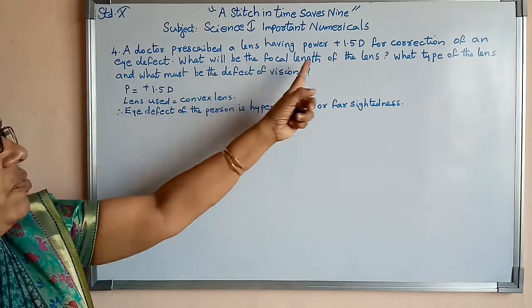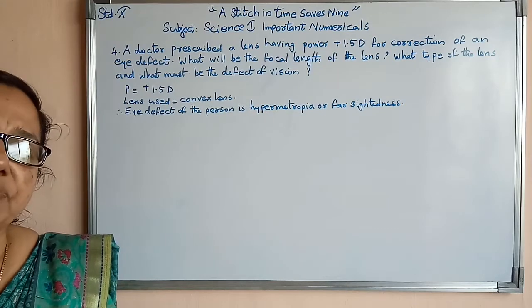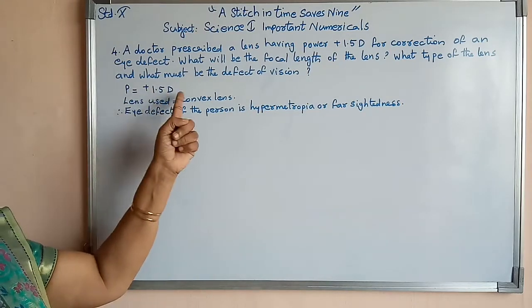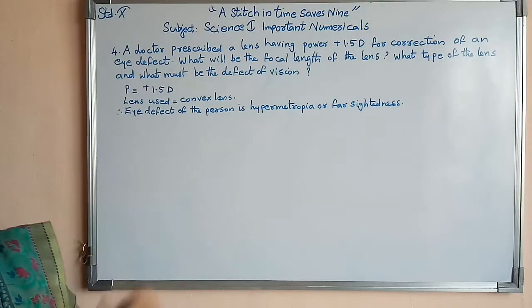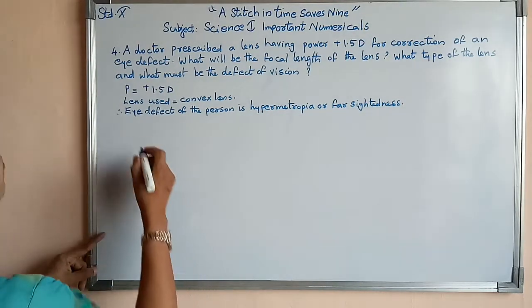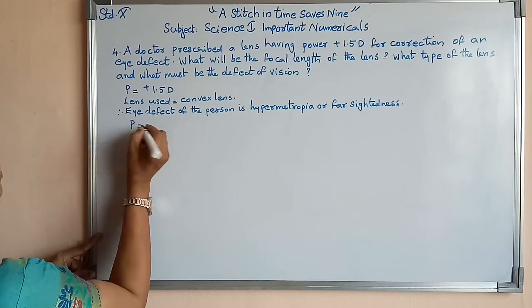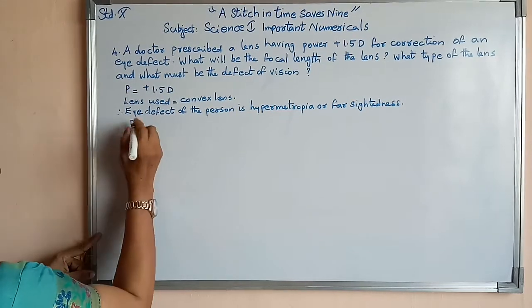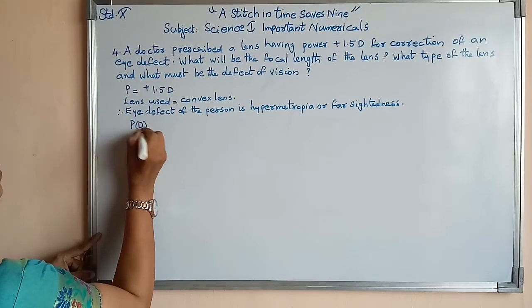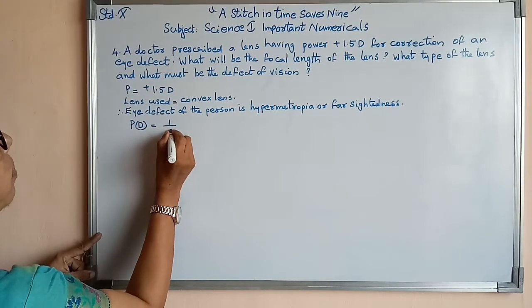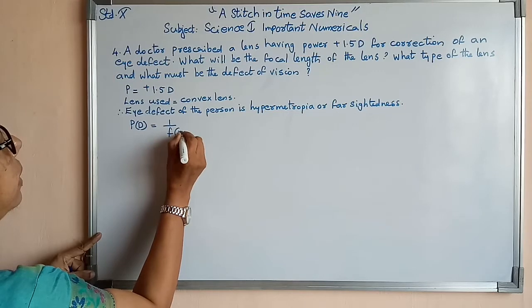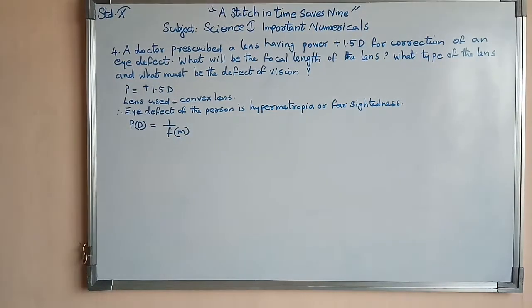Now the other question, we have to find the focal length of this lens. We have got the power, now we have to find the focal length. For finding focal length we have one formula, that is power in diopter, capital D, inside the bracket, is equal to 1 upon F in bracket, it should be in meter.